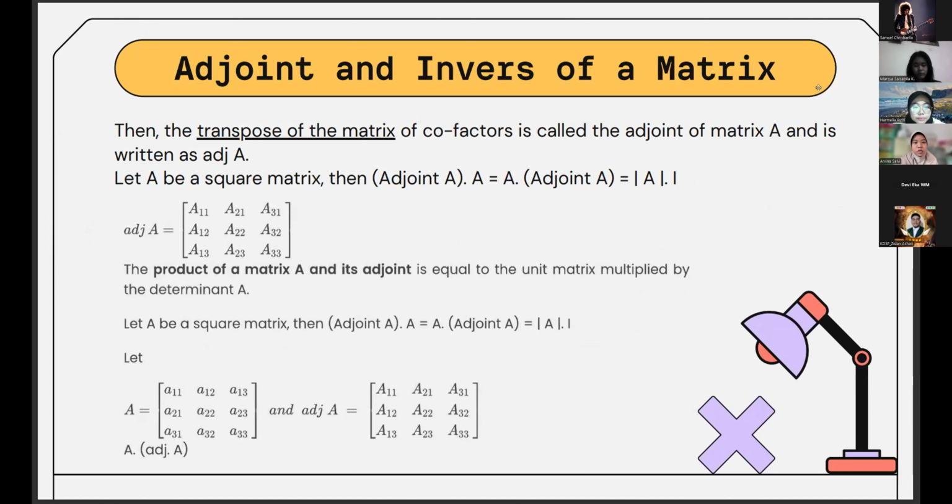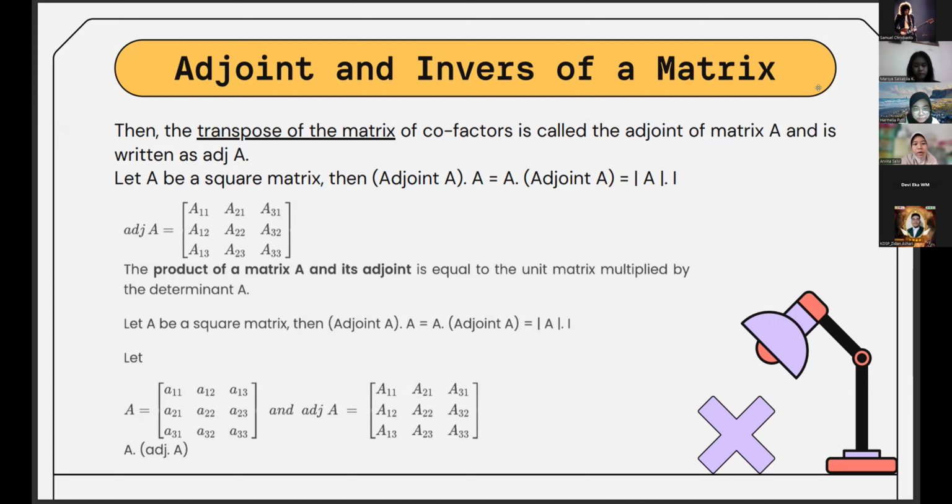Then the transpose of the matrix of cofactors is called the adjoint of matrix A and is written as adjoint A. Let A be a square matrix. Then adjoint A multiplied by A equals A multiplied by adjoint A, which equals determinant A multiplied by I. And adjoint A is A11, A21, A31, and so on until A33.